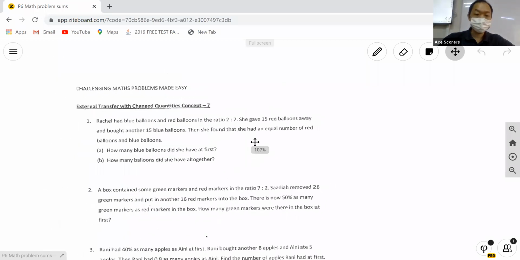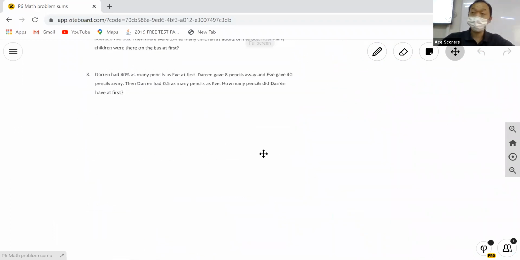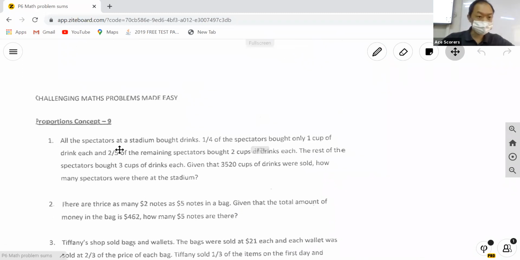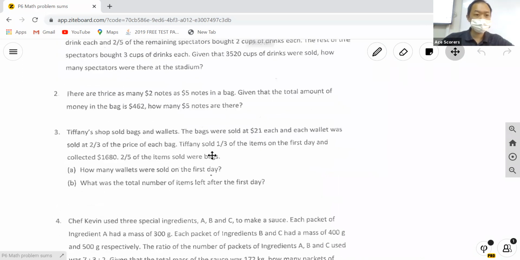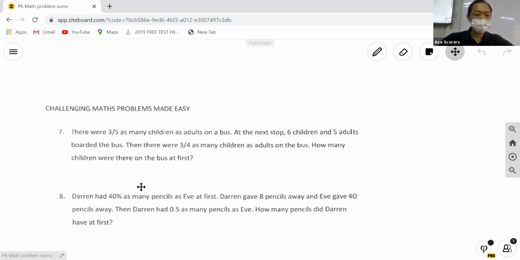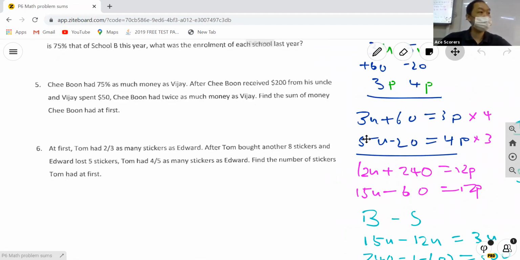I just want to take a look at what is the next worksheet. Right now, wait, let me see what it is. Okay, so the other one is almost the same. Okay, can I just ask Kenny, where did we stop? Because I don't remember. I removed all the answers.